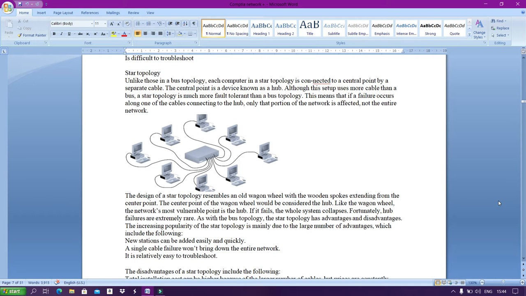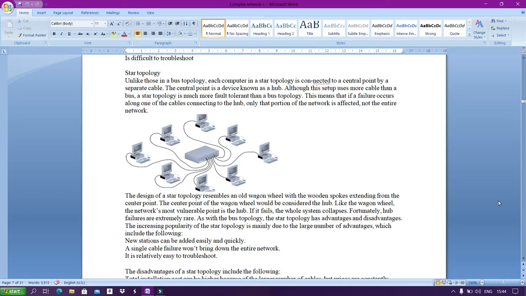The design of a star topology resembles an old wagon wheel with wooden spokes extending from the center point. The center point of the wagon wheel can be considered the hub. Like the wagon wheel, the network's most vulnerable point is the hub. If it fails, the whole system collapses. Fortunately, hub failures are extremely rare.